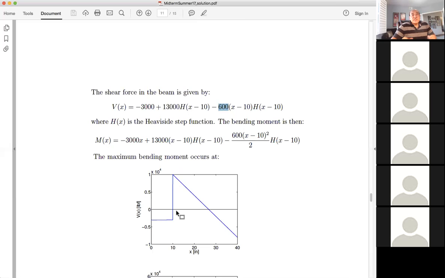The moment is the integration of the shear force distribution. If you integrate a linear shear force distribution, the integration of linear is parabolic, so you have a parabola. Integration of a constant gives a straight line.